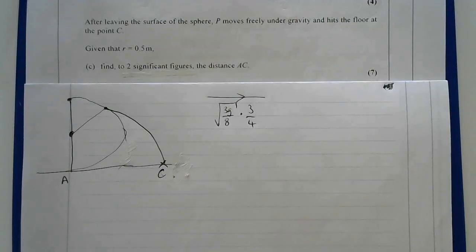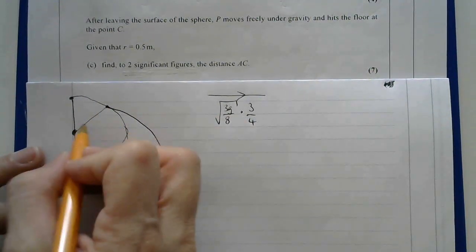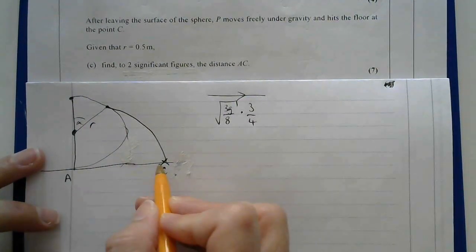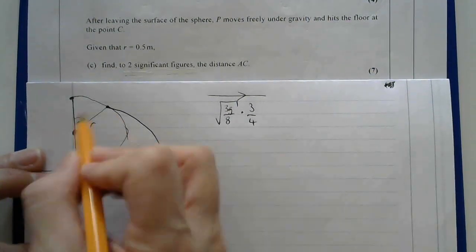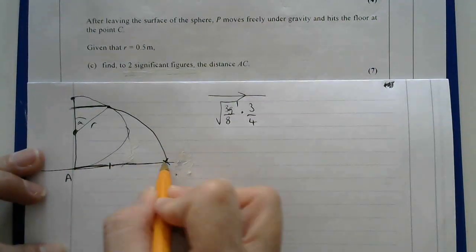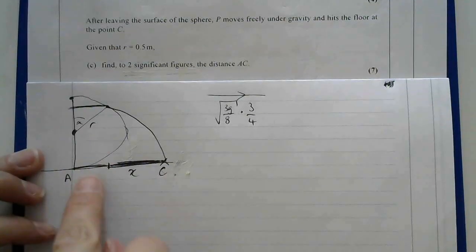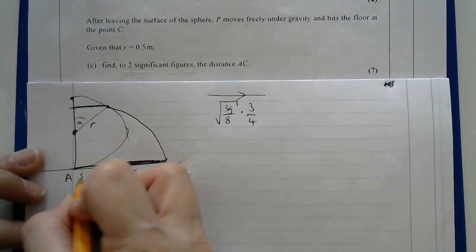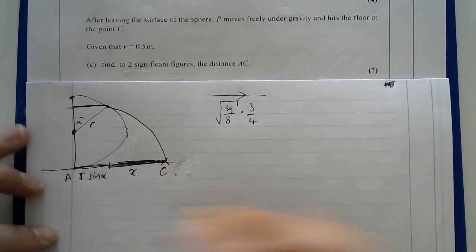Okay, now, so what's going on? Well, this is R, this is alpha. So the distance from A to C will consist of this distance here, which is the same as this distance here, plus this distance here, which I'm going to call X. Okay, this distance here, using this triangle, is R sine alpha.